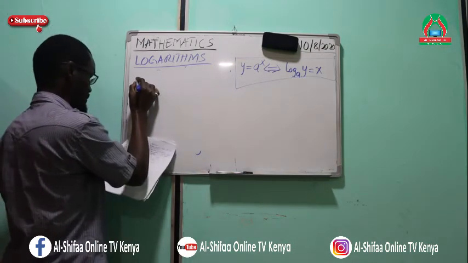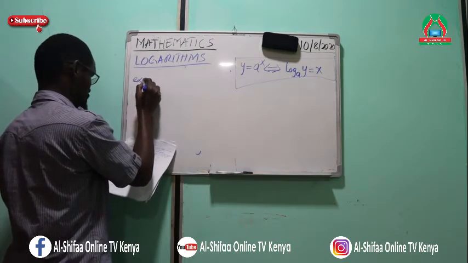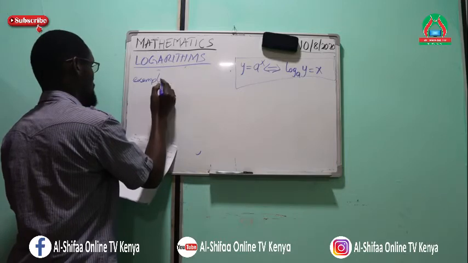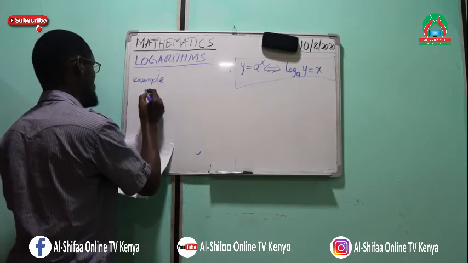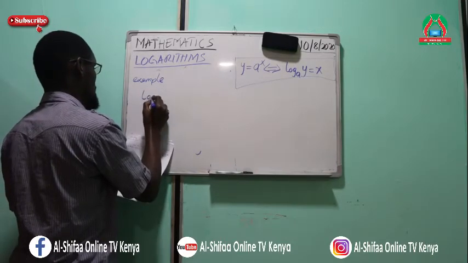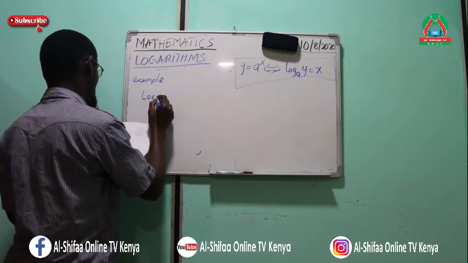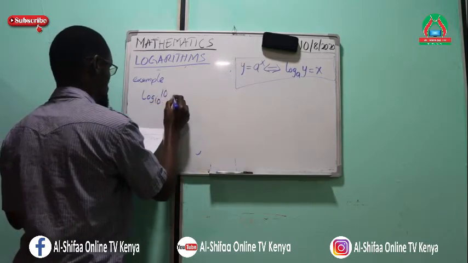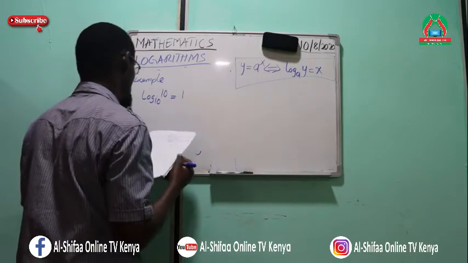For example, we have log 10 to base 10 is equal to 1.